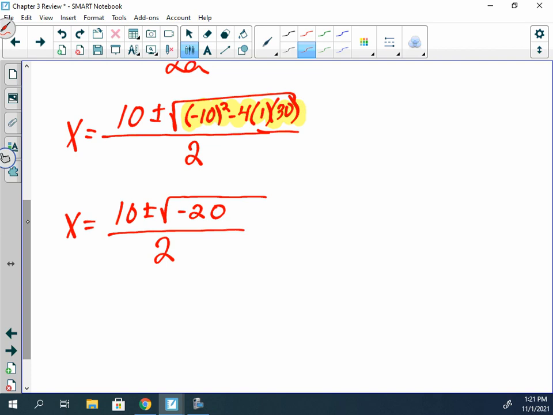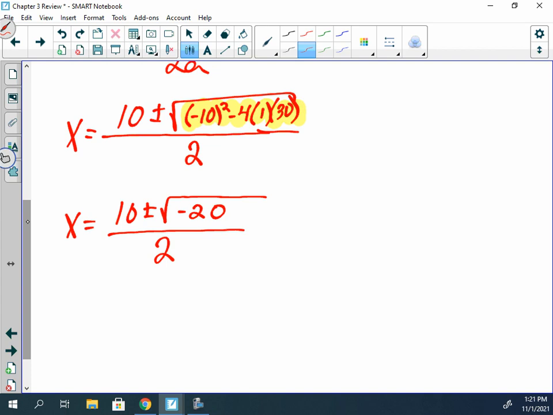Because if we take -10 in parentheses squared minus 4 times 1 times 30, it would simplify to -20. The reason we do this in parts is because since it's negative, the graphing calculator will do it, but it will not simplify the square root of 20 into a number we want to use. It'll turn it into a decimal.